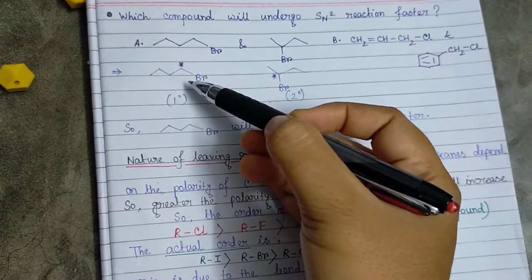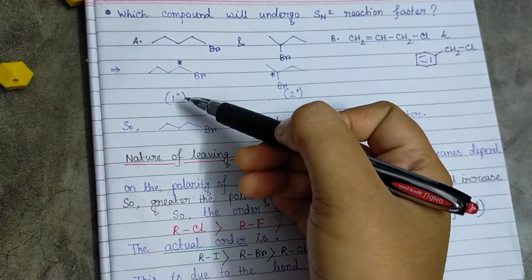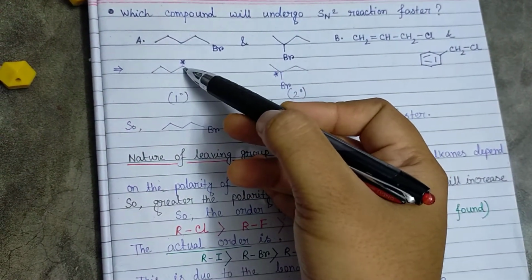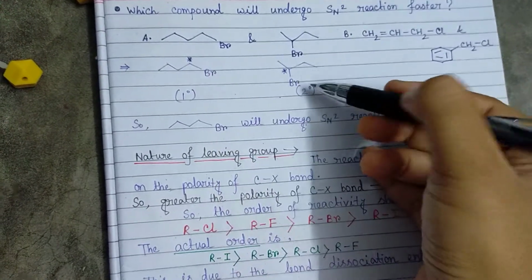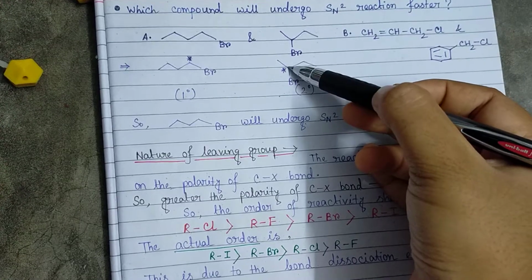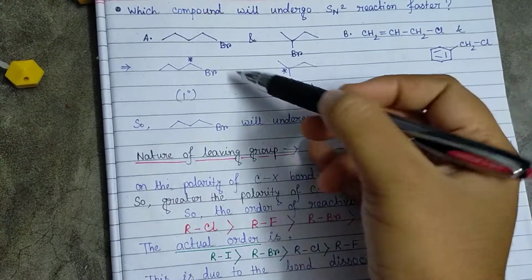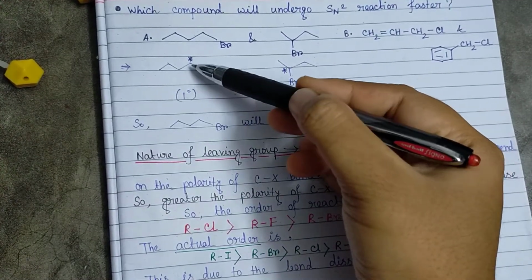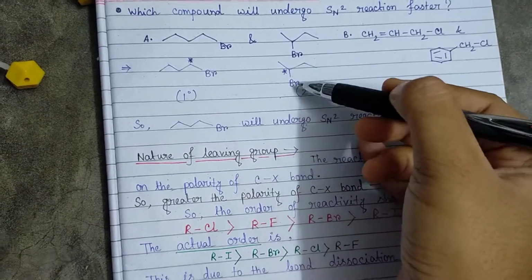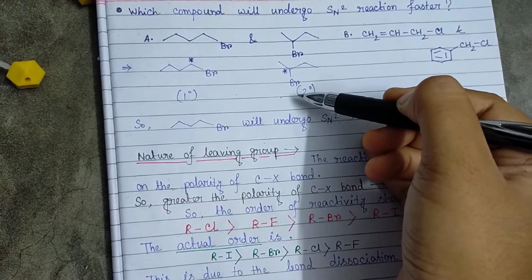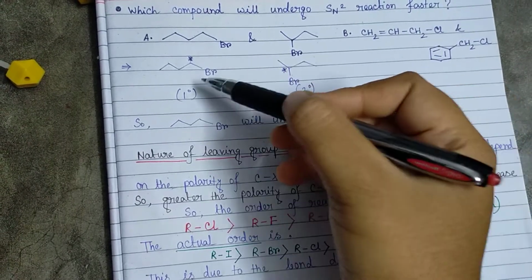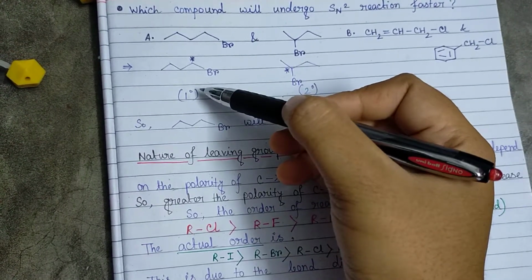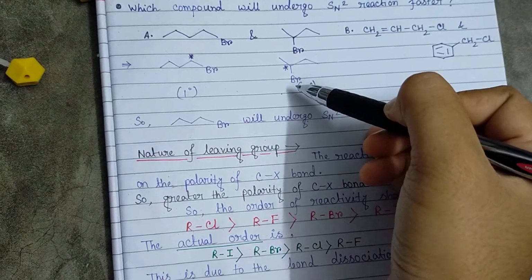For that we have to at first find out the attacking center. So here we can see this one will be the attacking center, and in case of this one this carbon is the attacking center. So by the structure we can see this is 1 degree halide and this is 2 degree halide. So obviously the reaction rate in case of 1 degree halide will be more than 2 degree halide.